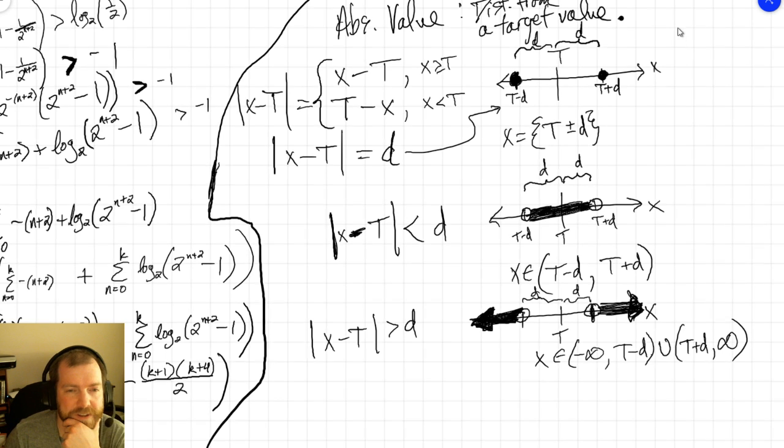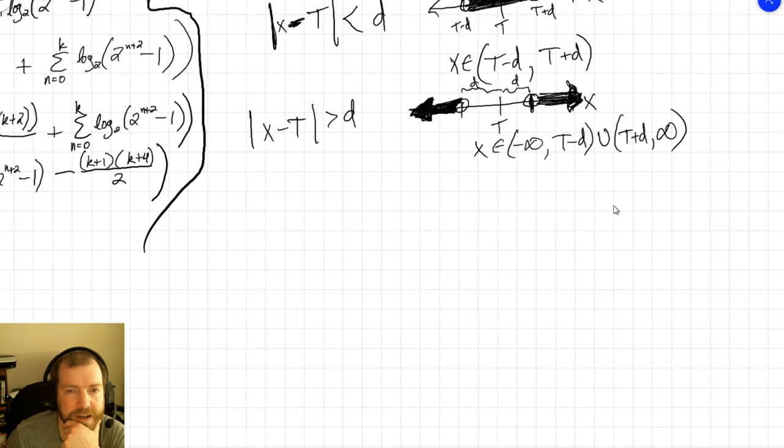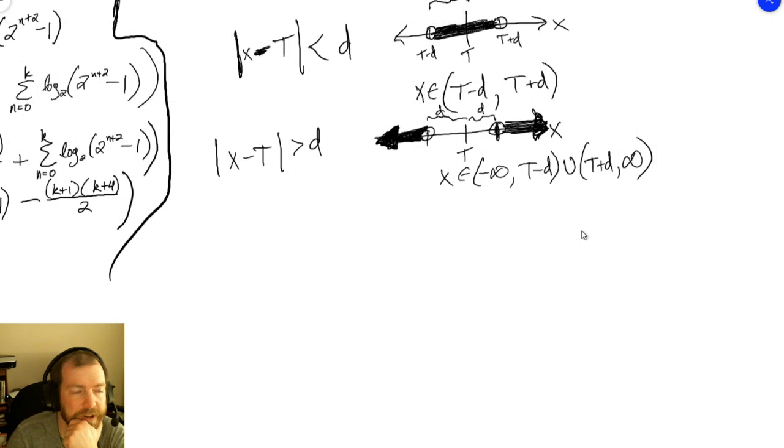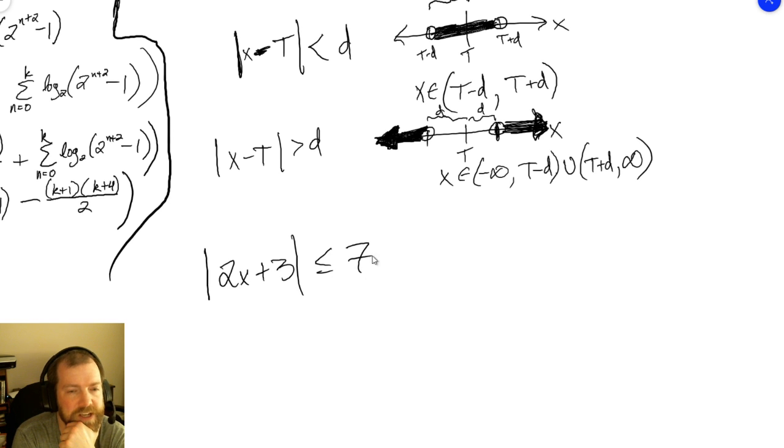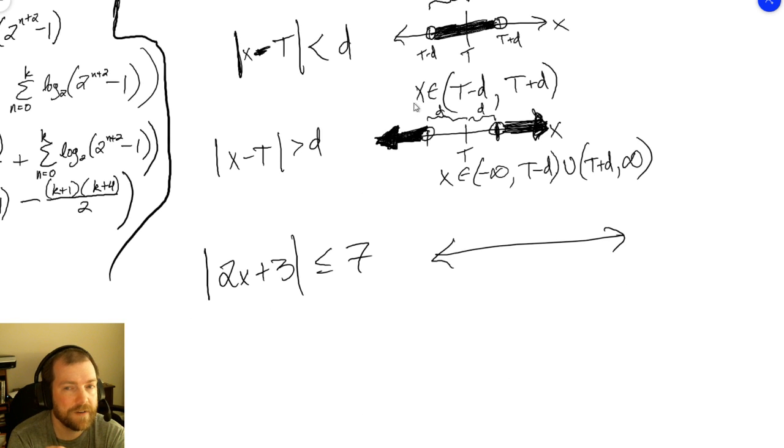Now the other piece of this is that I extended this even further. I used specific examples, and I said, what happens if we have a different transformation for this? So if we have the absolute value of 2x plus 3 is less than or equal to 7, okay, what am I subtracting? You need to subtract 2 things in order to have a difference or a distance between 2 things.